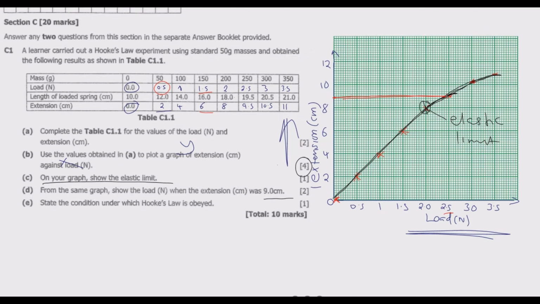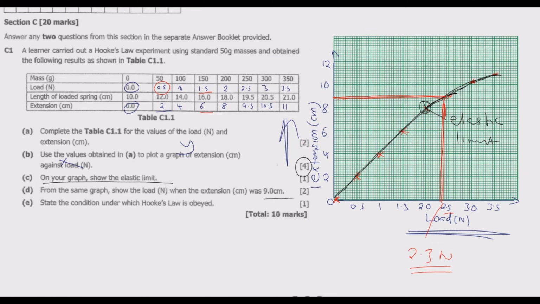Once we come to there, we bring this line down. When you bring this line down, if we use the ruler nicely, it will be approximately 2.3 newtons. So 2.3 newtons will be the load.